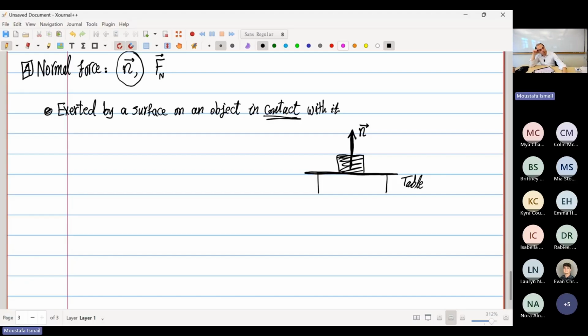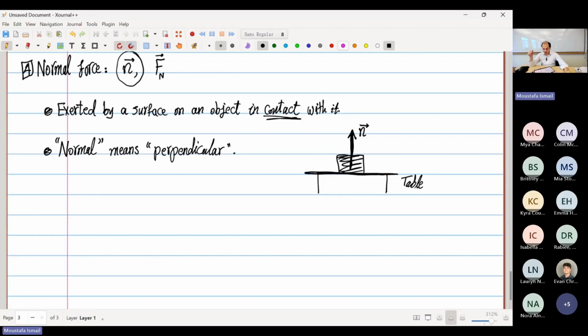It is basically the force that prevents the object from going through the surface. The word normal in this context doesn't mean natural. So it's not a natural force. All forces are natural. There are no made-up forces. So it's not the natural force, it's a normal force. And normal in this case just means perpendicular. It's the word used in mathematics to denote that something is perpendicular to another. So normal here means perpendicular.